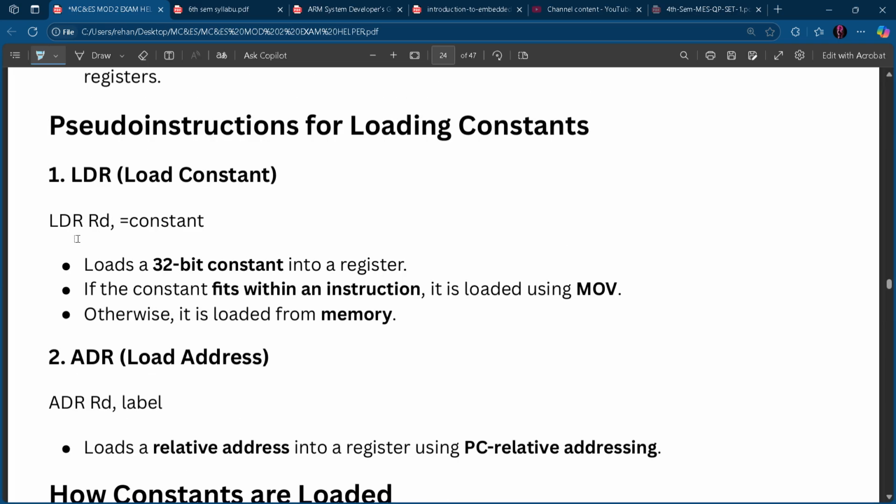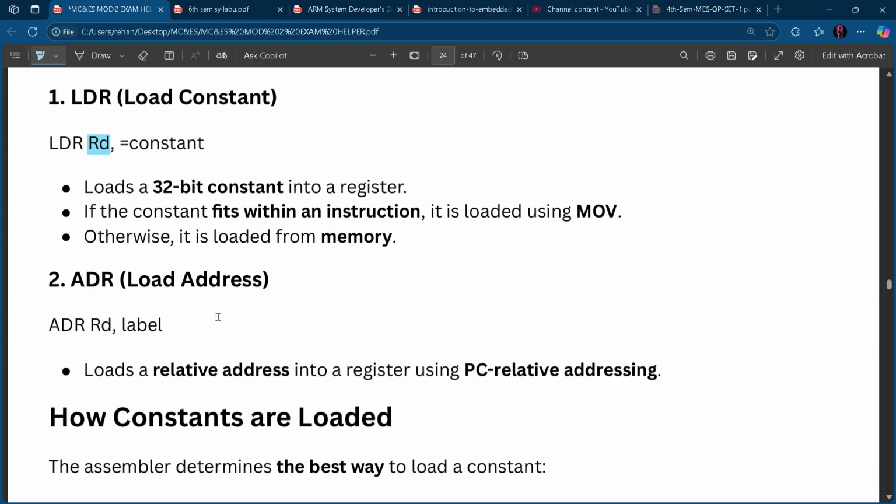So here, very simple, load register constant. It loads the 32-bit constant into the register. If the constant fits within an instruction, it is loaded using move. Otherwise, it is loaded from memory. Just remember: if the constant is within 32 bits, it is loaded using move, otherwise it is loaded from memory.